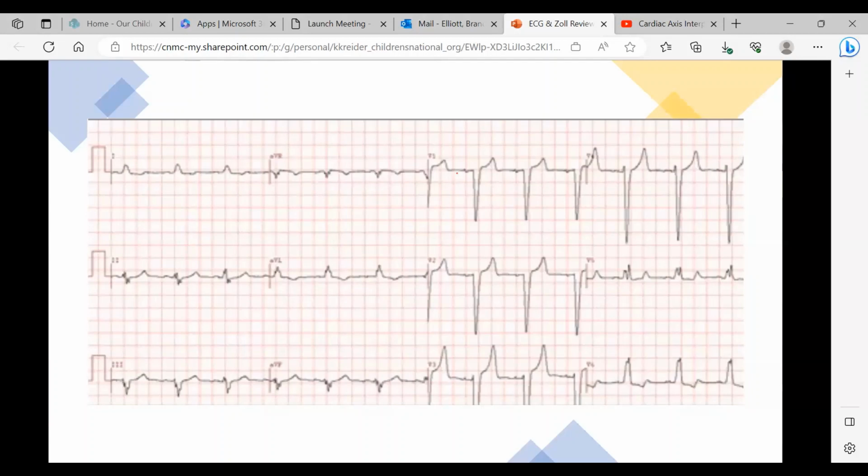QRS looks a little bit wide. And then I'm seeing some elevation in V1, V2, V3. It looks like some depression in AVL.